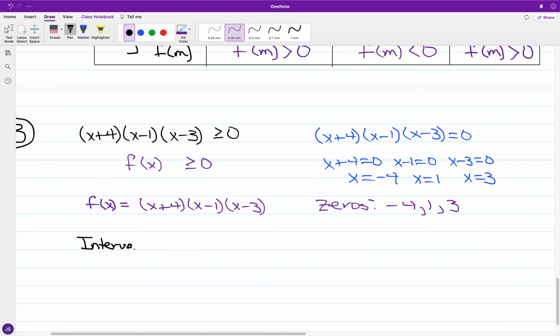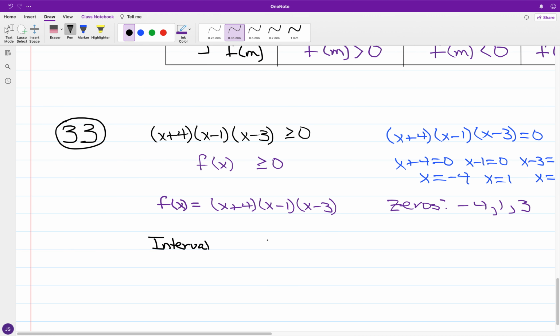All right, so we have the zeros. These happen to be in increasing order. So with -4 as the smallest of the zeros, at the lower end we have those values of x less than -4. And then we have those values of x greater than -4 and less than 1.